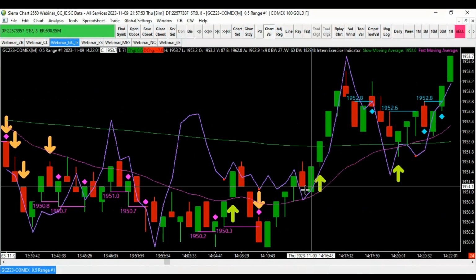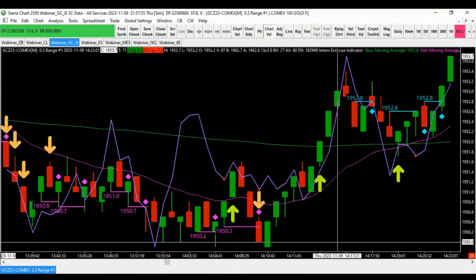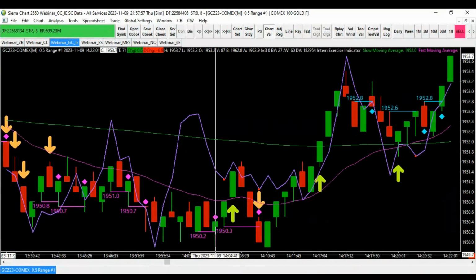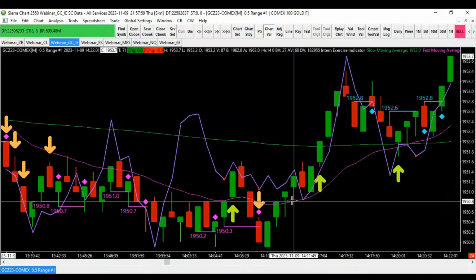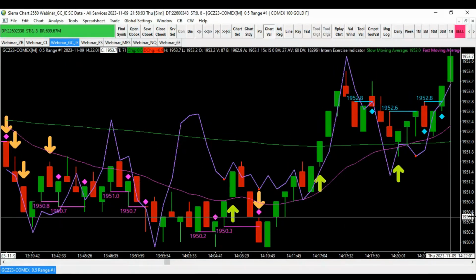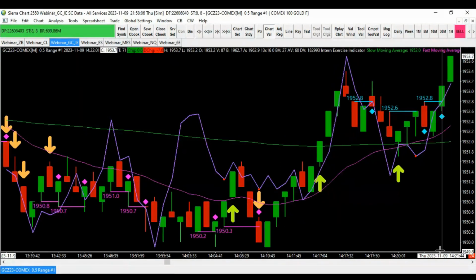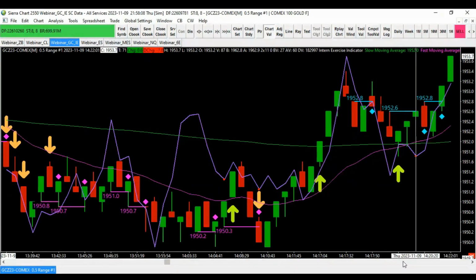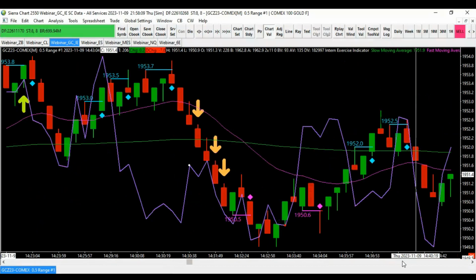Here you get BSG pointing up again, up again. So those sort of things you can put on your chart to give you a bit more guidance about which direction to trade, rather than just rely on the interns exercise.